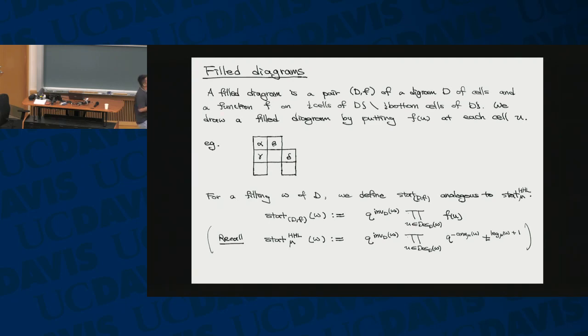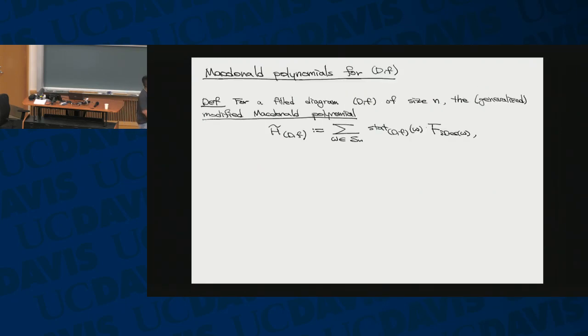So stat D f over filling W is q to the number of inversion pairs times the product of the function f over all descents. So recall that the HHL stat was defined in this fashion, so we kind of replace this q to the minus arm, t to the leg with an arbitrary function.